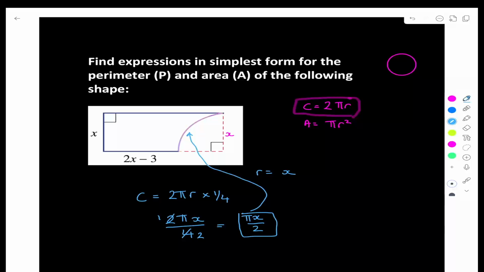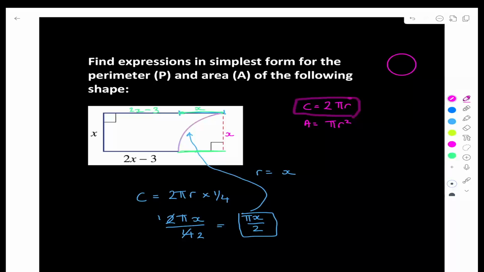We also, in order to work out our perimeter, need to know what this distance is over here. And that distance is basically that distance, which is the radius of the circle. So we know that is just x. We know that this distance over here is that distance, so that is just 2x minus 3.